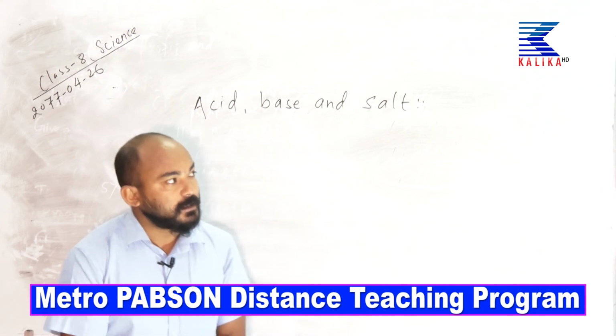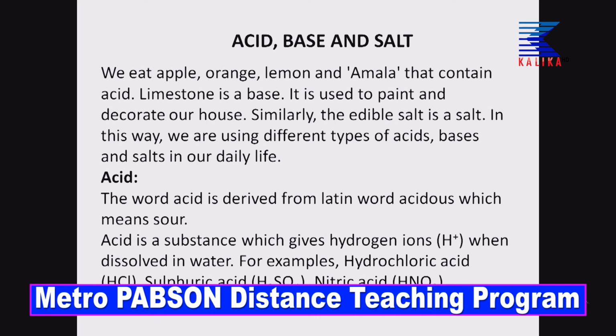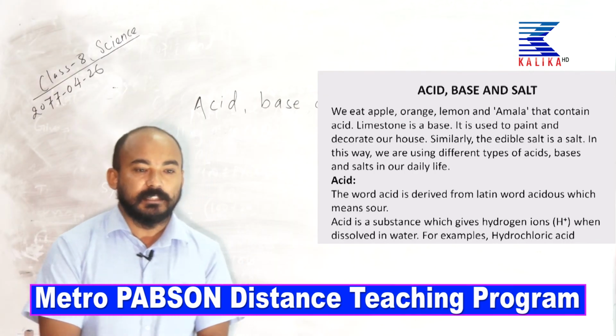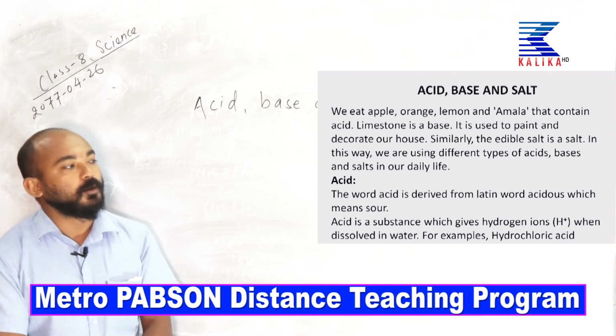First, we eat apple, orange, lemon, and mostly amla, which contain acid. Limestone, that is marble or chalk powder, is a base. It is used to paint and decorate our house. Similarly, edible salt is a salt. In this way, we are using different types of acid, base and salt in our daily life.